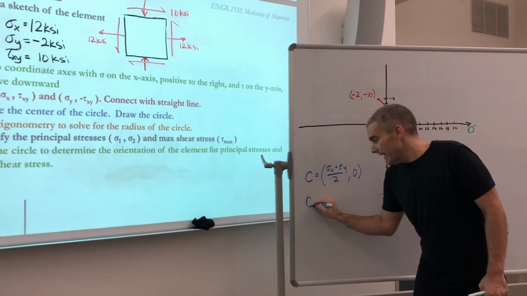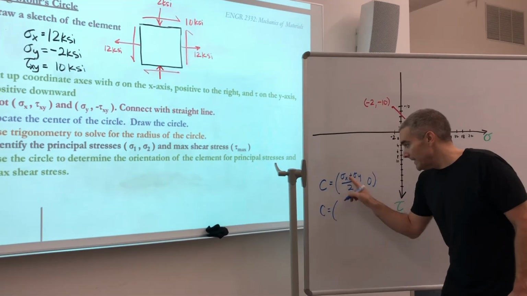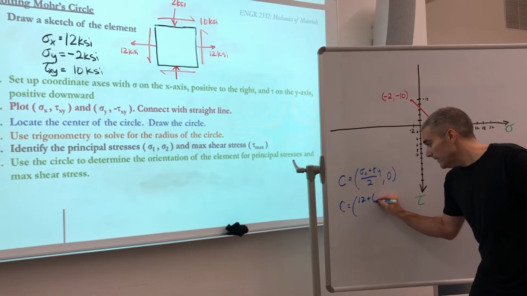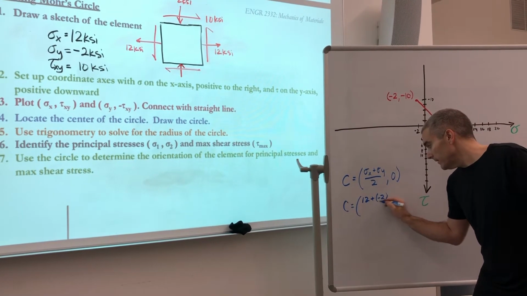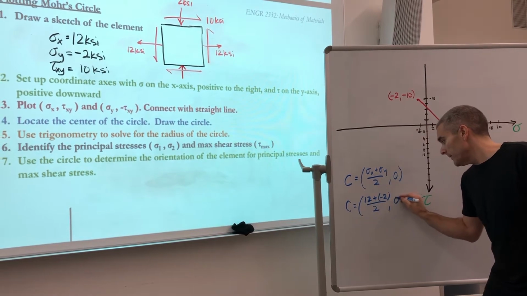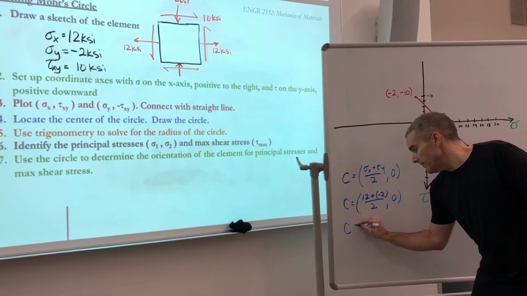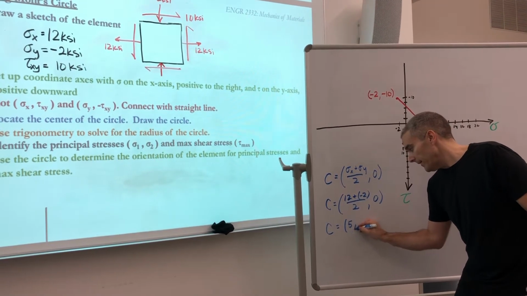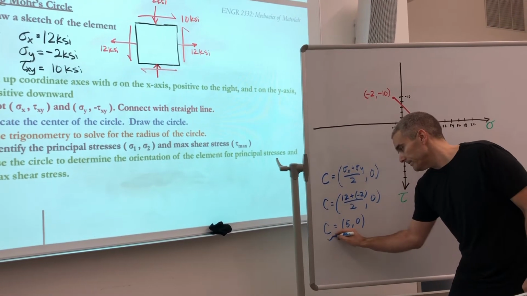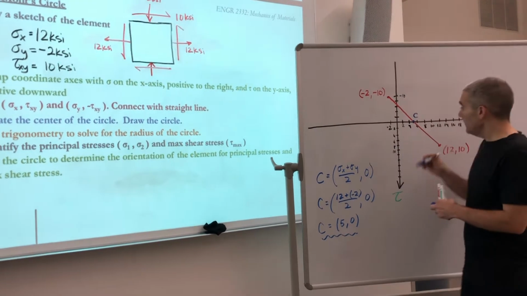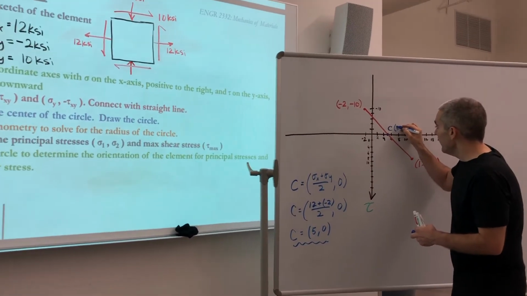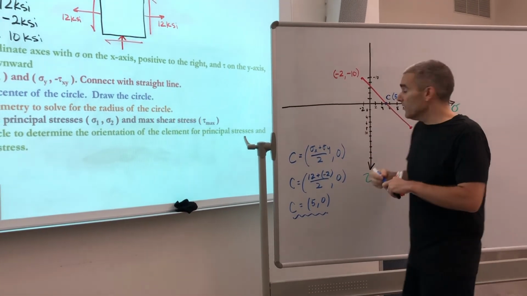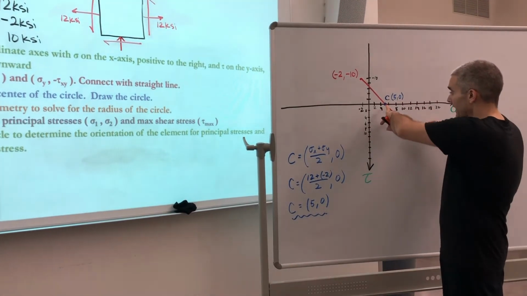So our center is at 12 plus negative 2 over 2, comma 0. So our center will be at 10 over 2, 5, comma 0. So my center is 5, comma 0. I can now draw the circle, extending from 5.